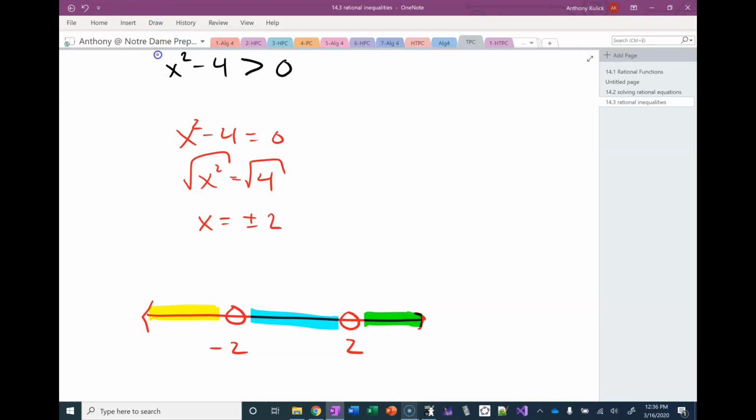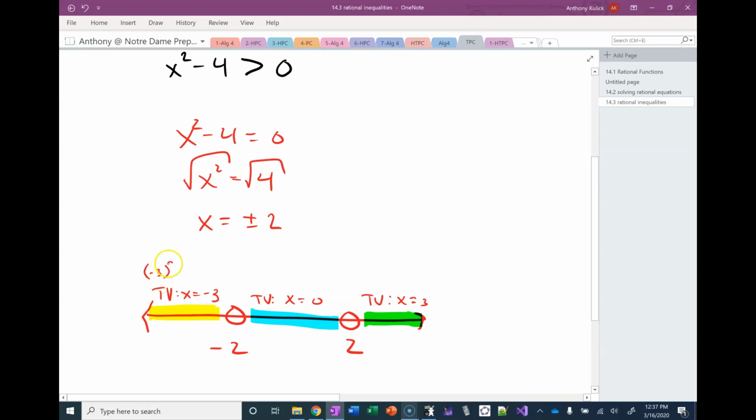It doesn't matter which test value you pick in an interval, as long as it's in that interval. Here my test value is -3, here it's 0, and here it's +3.